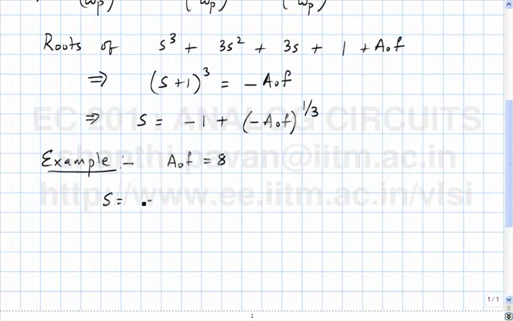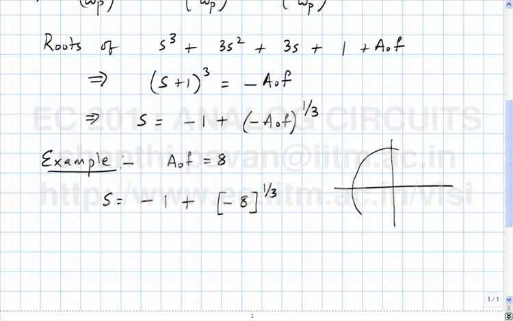S becomes minus 1 plus the cube root of minus 8, and minus 8 has got 3 cube roots. All of them lie on a circle of radius 2.